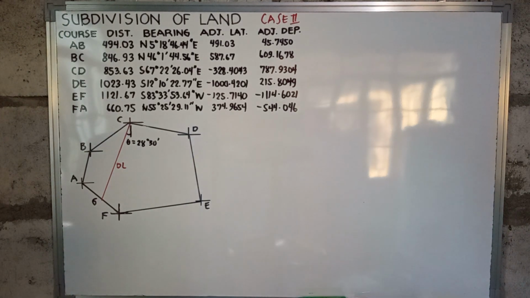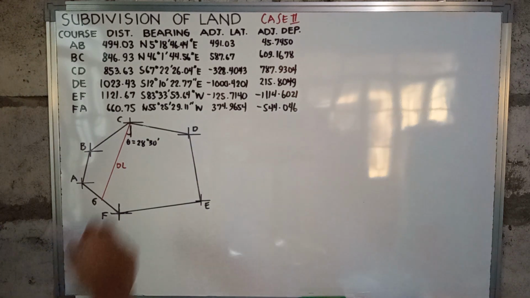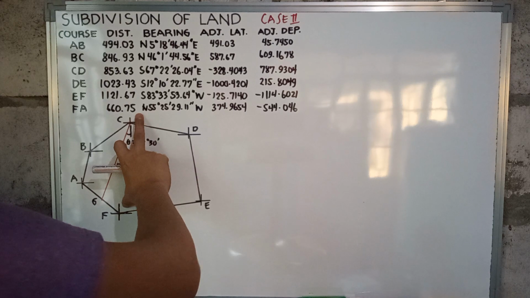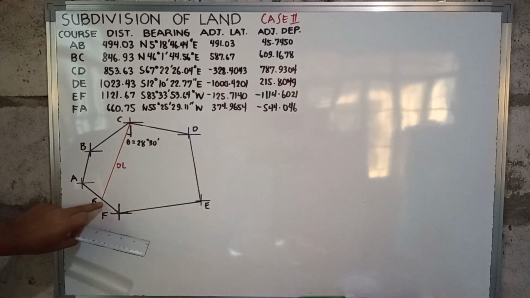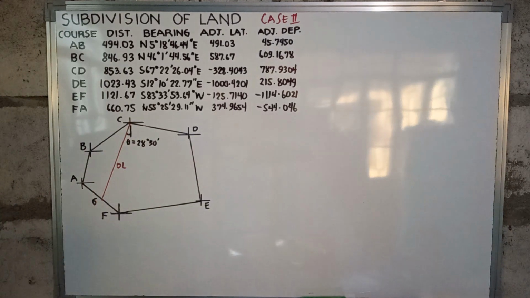Hindi katulad kanina, wherein yung dividing line natin, naka-position siya from C to F. Dito is nakapagitna na yung point G sa A tsaka F.